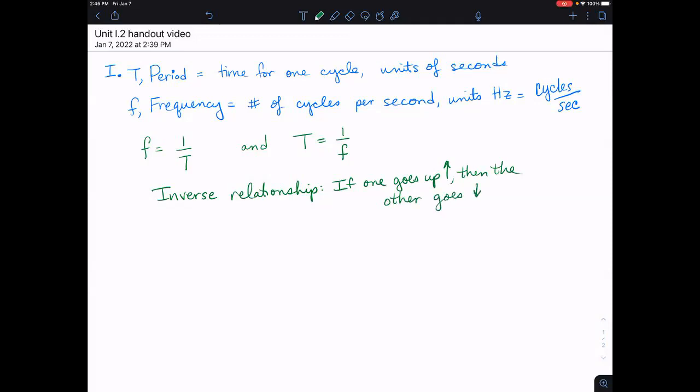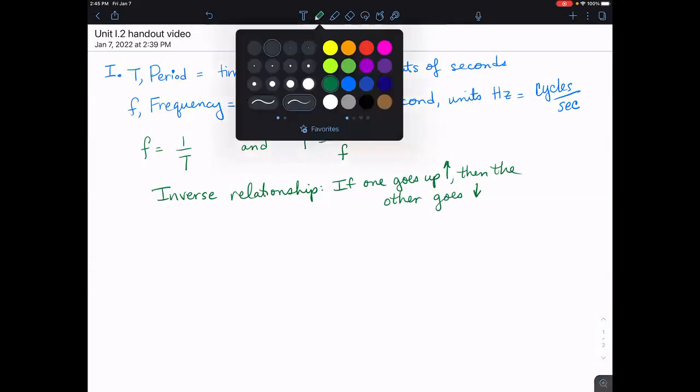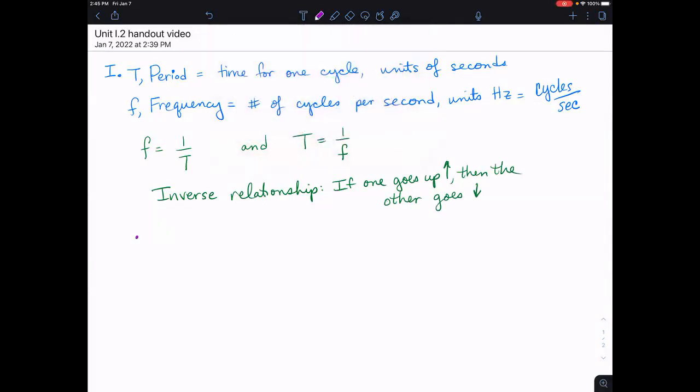That's what we mean by an inverse relationship. So what does that mean for frequencies? Higher frequencies accomplish more cycles per second, and thus they have shorter periods.